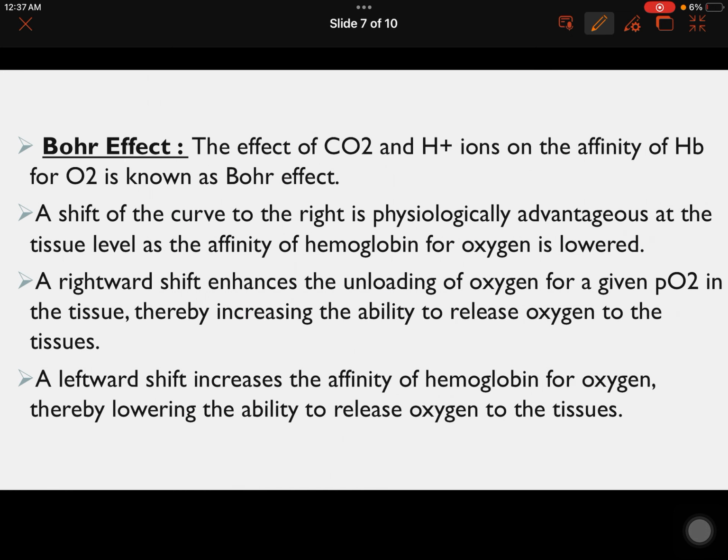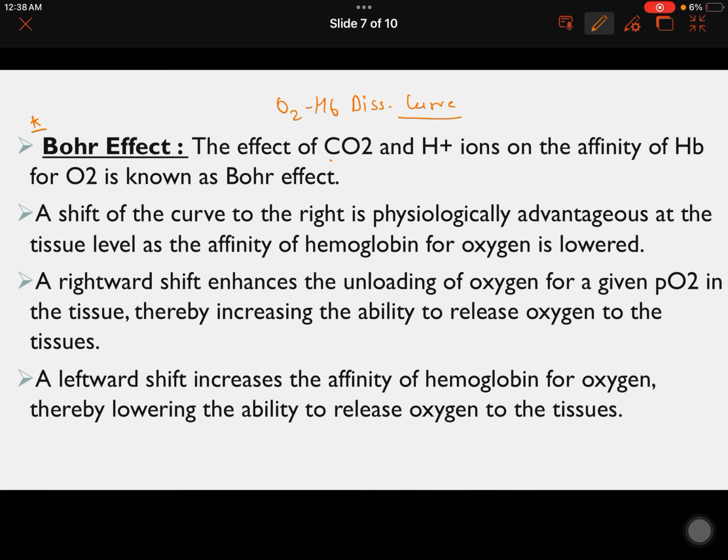So finally we are in the position where we shall talk about this important effect, that is the Bohr effect. So in this O2 Hb dissociation curve, we are discussing the Bohr effect, right? In the Bohr effect, it is telling us about the shifting of the curve only, either to the left side or the right side.